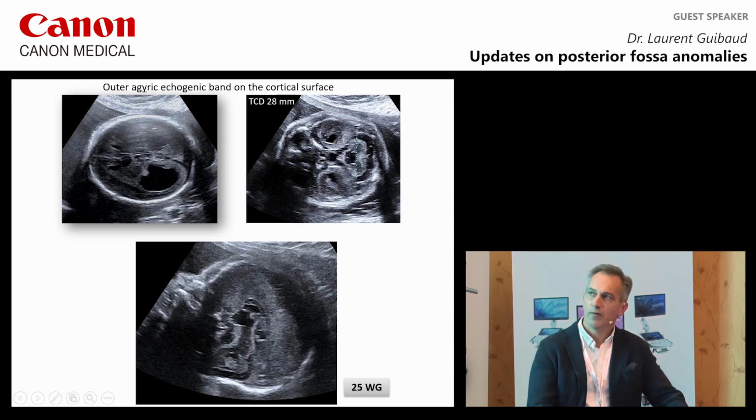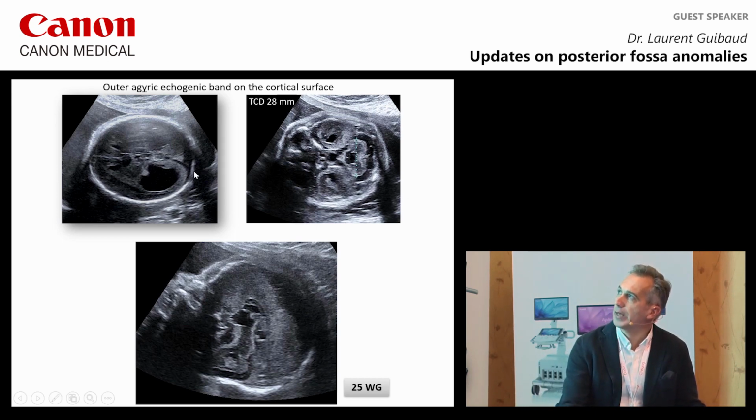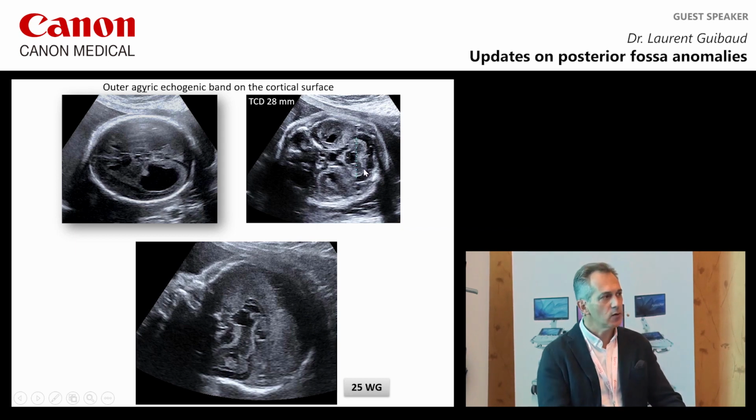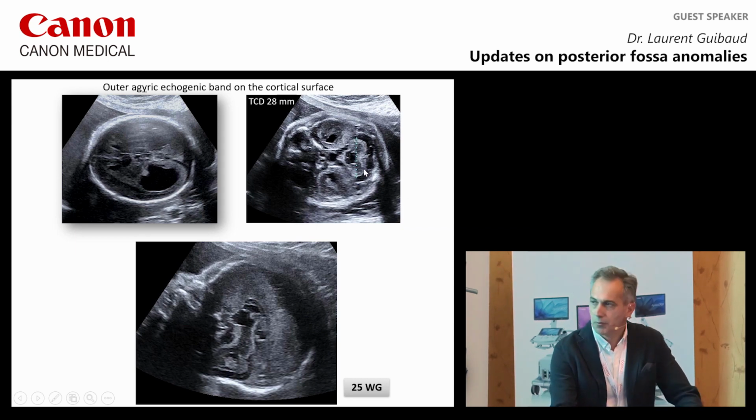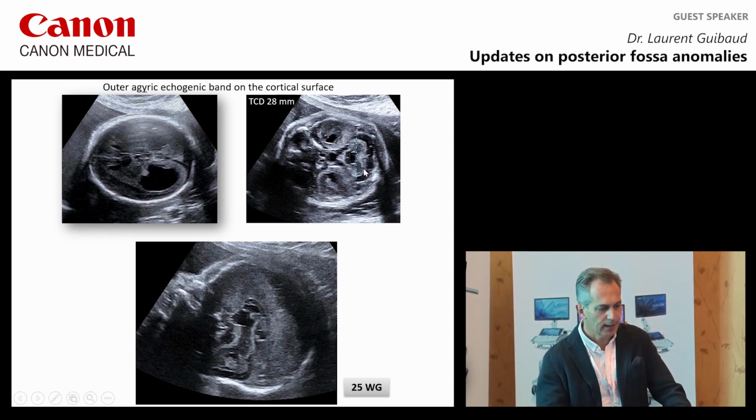Instead, you have an outer hyperechoic band of tissue on the cortical surface, and we can see this echogenic band on the surface of the cerebellum. You can also see this band surrounding the brainstem.